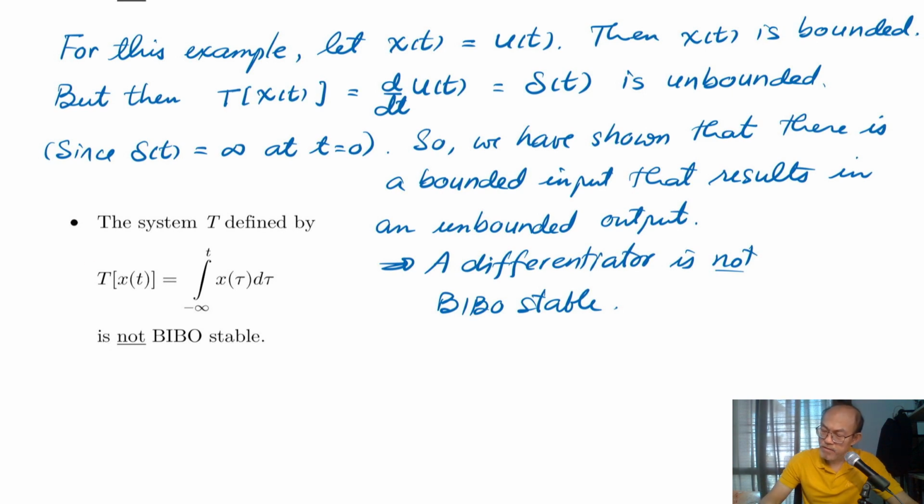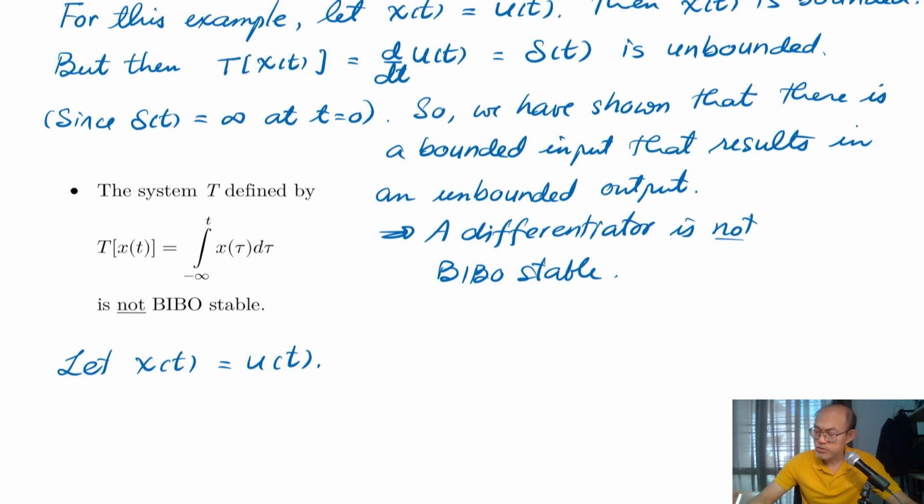Now let's look at another system here defined by this integral. I'm suspecting that this system is not BIBO stable as well. So I'm going to give a counterexample by defining x to be u. So I'm going to let x(t) equal u(t). Then it is straightforward to show that x is bounded.